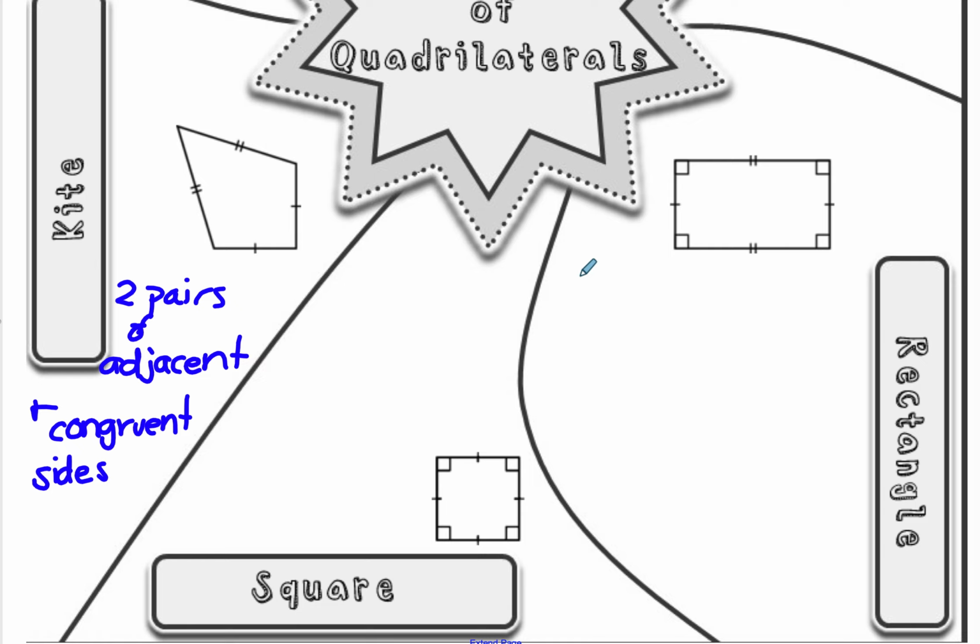Okay, a rectangle is a parallelogram, so it's a type of parallelogram. And then it's a parallelogram with four right angles.